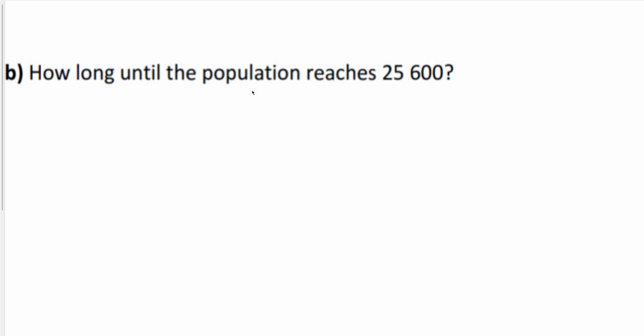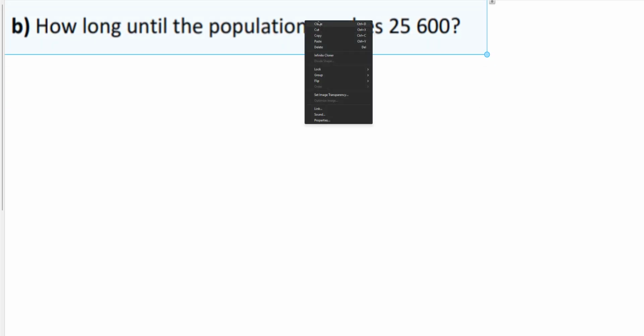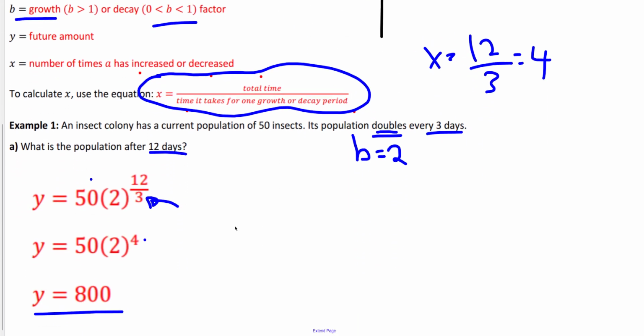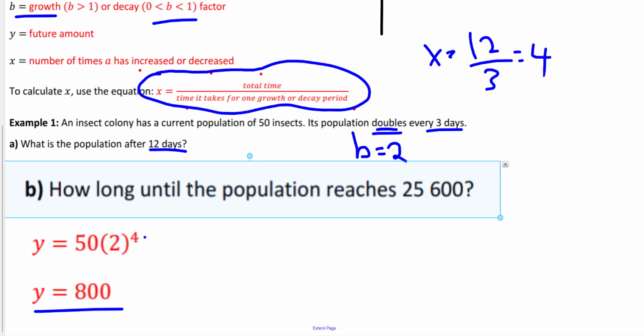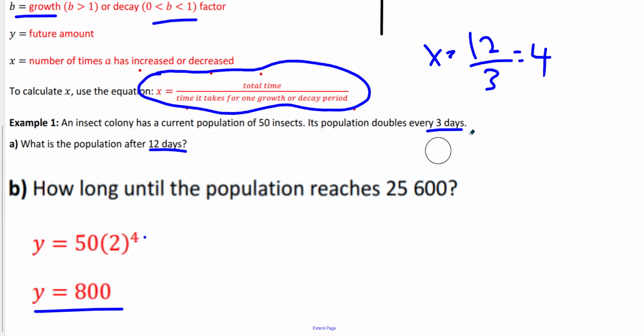So how long until the population reaches 25,600? Actually, I'll keep it here so you can see the amounts. So part B. Do you remember how to do this from grade 11? All right, this one here, let me start from the beginning. This is your y value.